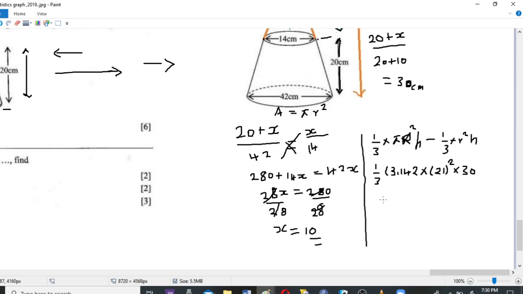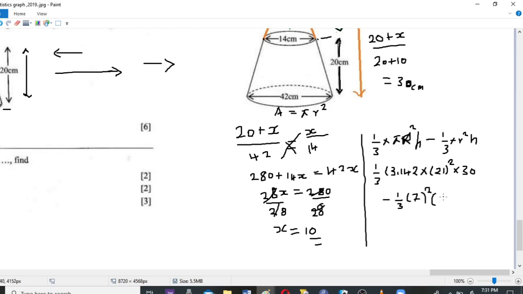Now we are subtracting the small frustum, that is the one on top, right? Now for the one on top, the diameter is 14, so the radius will be 7 squared. To find the radius you divide 14 by 2, or you multiply it by half.